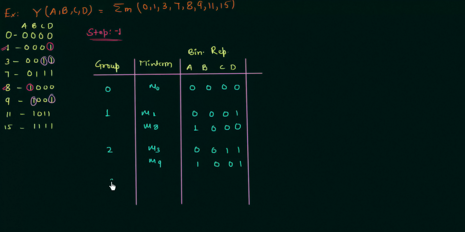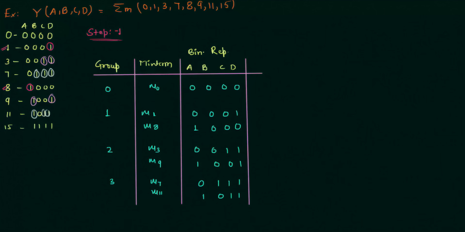In group number 3 we will have the min terms with 3 ones, and you can see 7 is having 3 ones and 11 is having 3 ones. So 7 and 11 will be there in group number 3. M7, M11: 7 is 0 1 1 1, 11 is 1 0 1 1.